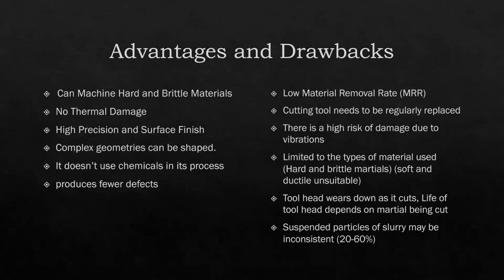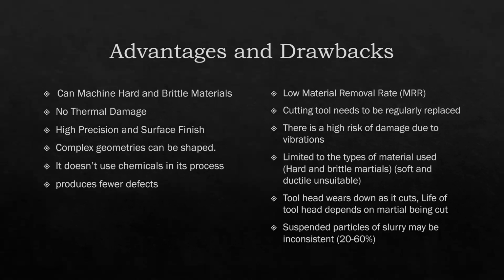So there are a lot of advantages, but there's also a lot of drawbacks to using this. It can machine very hard to machine materials. This is both hard and brittle materials that are typically hard to do through traditional machining. It will not cause any thermal damage on the machine because it is cold cutting.